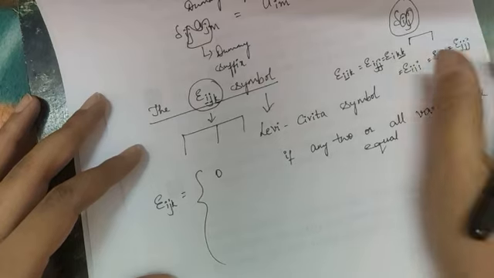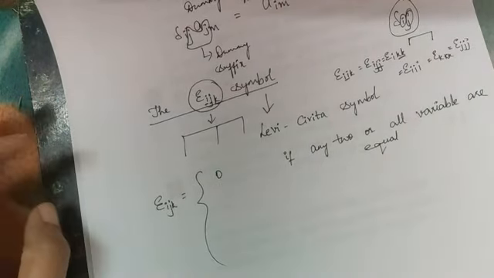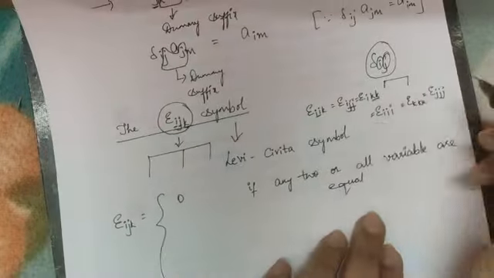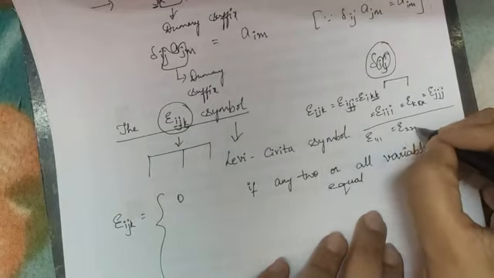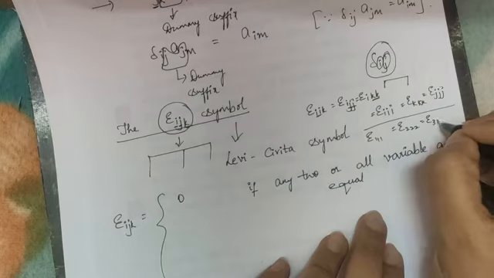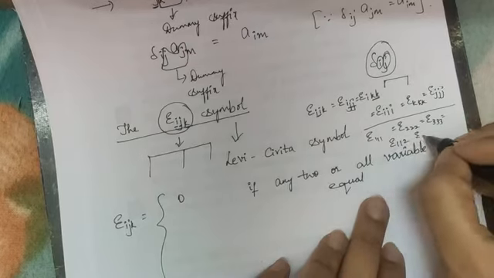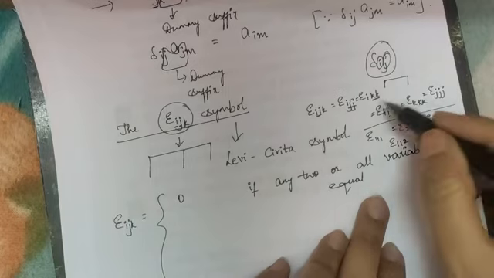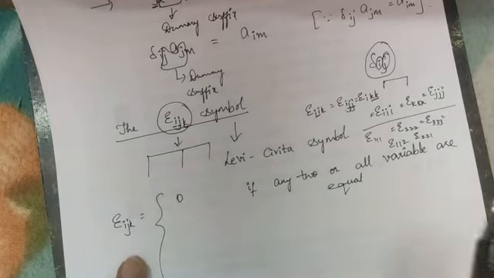For these types of variables you will get epsilon ijk value as 0. That is as good as telling epsilon 111, epsilon 222, epsilon 333, or epsilon 112, epsilon 221. For all these combinations you will get epsilon ijk value as 0.